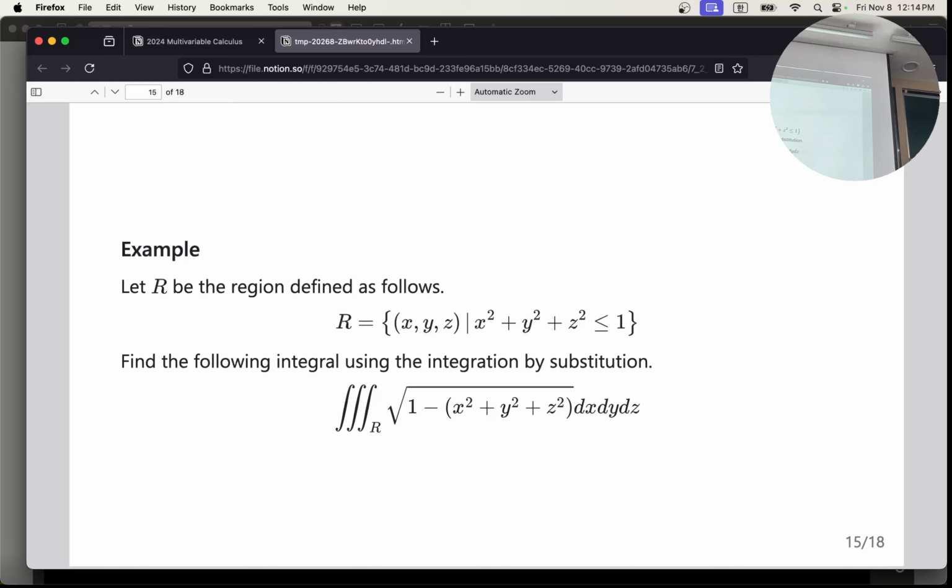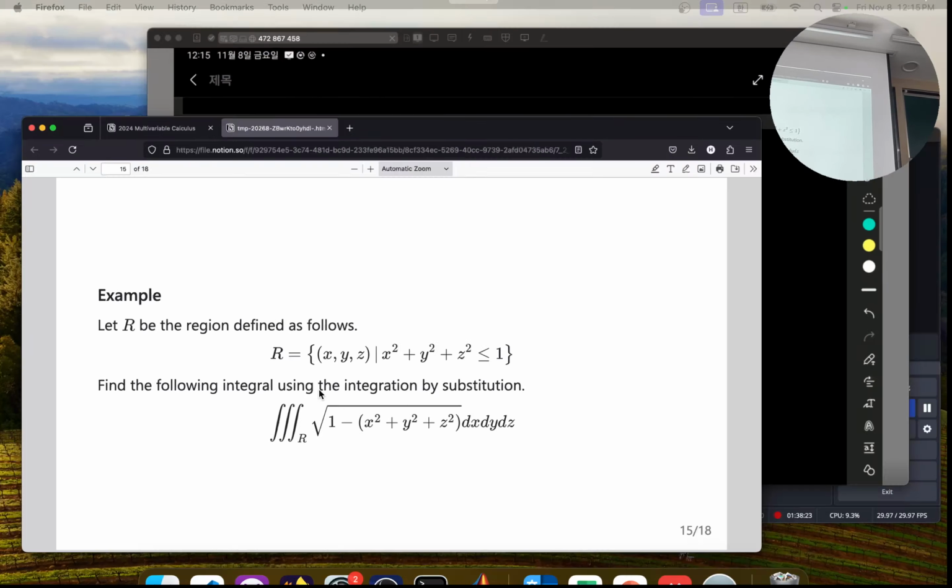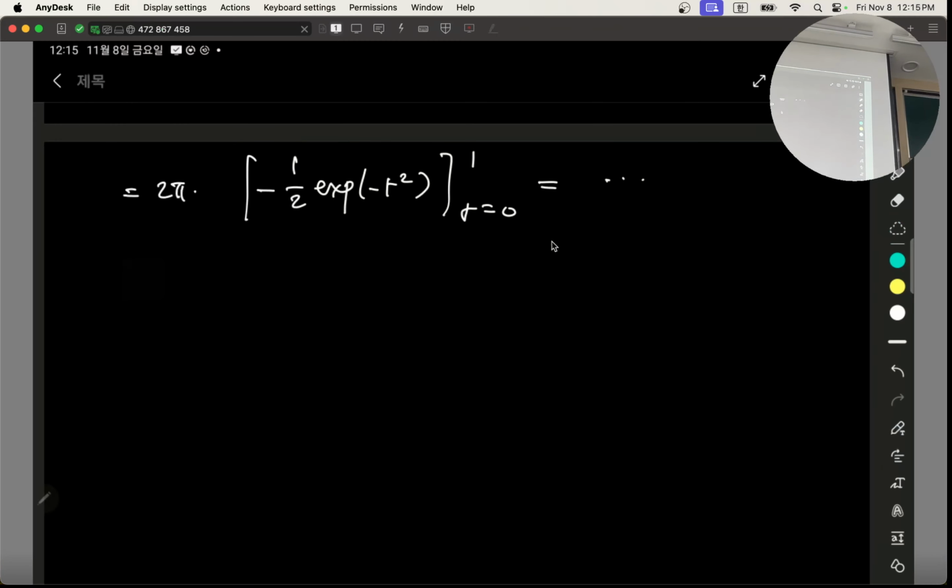And let's look at this example. I'll do it together here. We have a region, the sphere region, and everything is symmetric, so you can think about using the spherical coordinate transformation. I'll write it here.